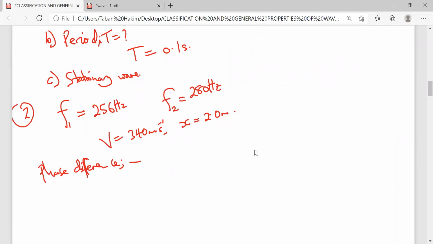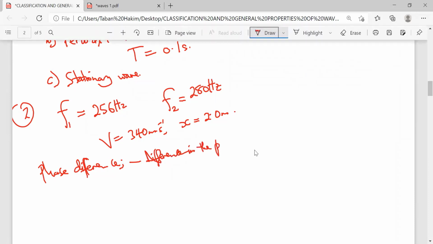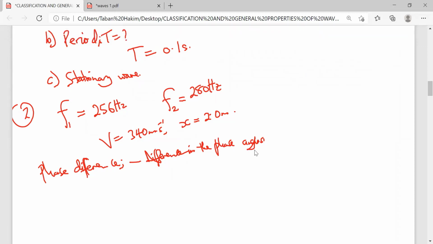Mathematically, we can simply call it the difference in the phase angles. When you say that one leads the other by half the wavelength, it simply means this.